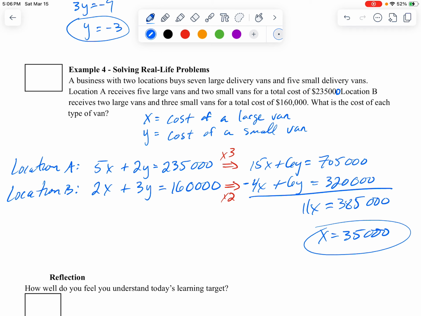So now we've got x. Let's plug that into either equation and find y. The bottom equation seems to have smaller numbers. So when we plug in our x value, we would end up with 2 times 35,000 plus 3y.